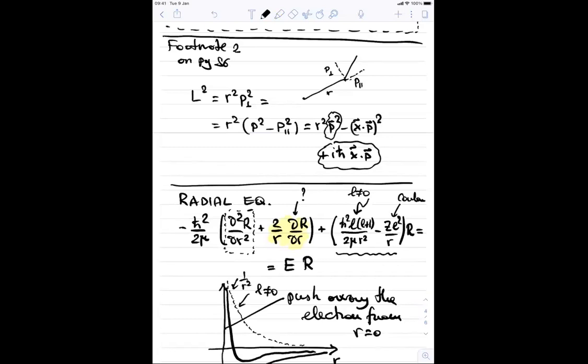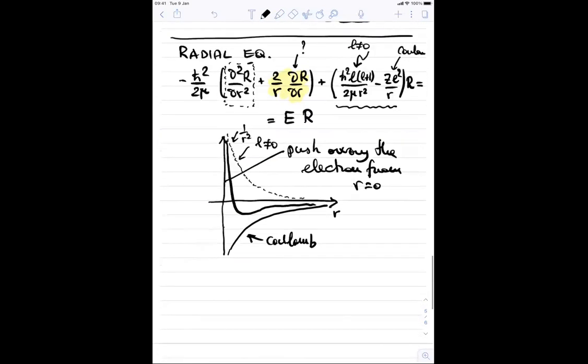The second strange thing is the normalization that I should impose.